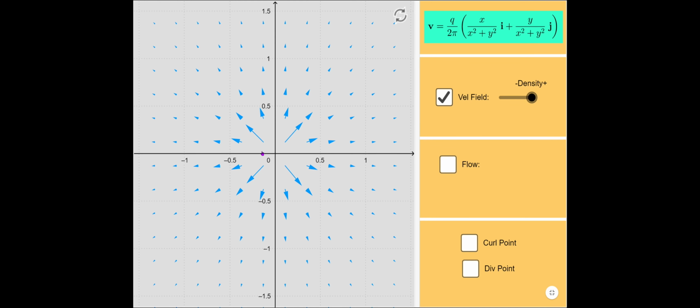Okay, so physically how you could interpret this is again with fluid flow. But in this case, what you have is, say, a fluid source at this point. It's as if you have a small hole over here, and fluid is coming out of the hole and flowing into the plane. And as it flows into the plane, it will spread in a symmetric fashion out of this small hole over here. So this is an example of what they call a source.